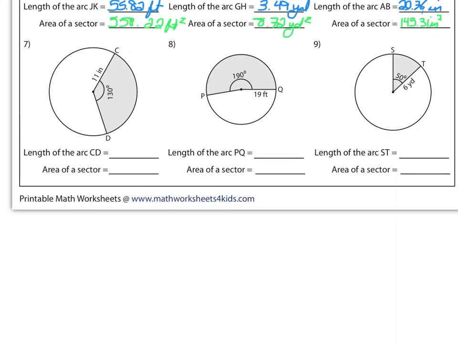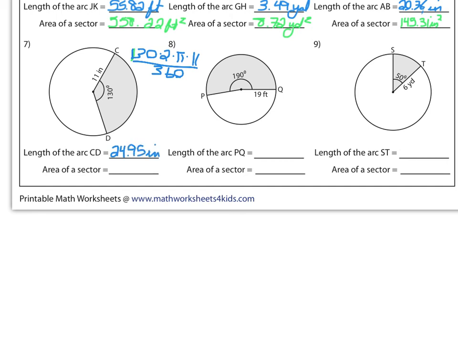Okay, so you'll notice this is a math worksheet for kids that's fun. So let's go ahead and do this next one. We have 130 times 2 times pi times 11 all over 360. Plug it all in your calculator: 24.95 inches.